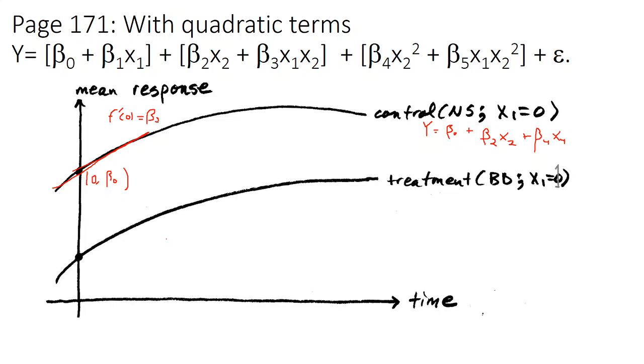Okay, and then my second derivative gives me that beta 4 is equal to the second derivative evaluated at 0. In other words, our curvature is kind of given by this beta 4.